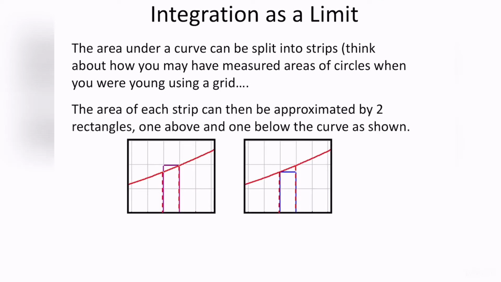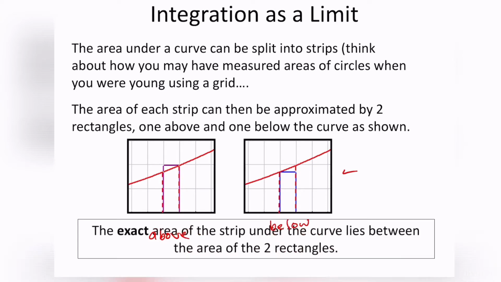The area of each strip can then be approximated by two rectangles, one above and one below the curve, as shown in this figure. This one is above the curve and this one is below the curve.